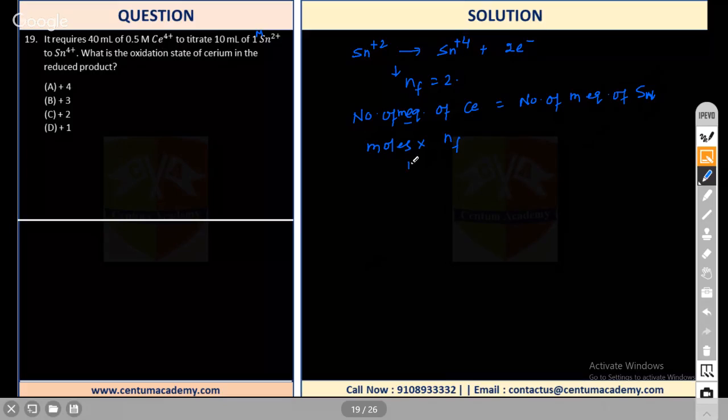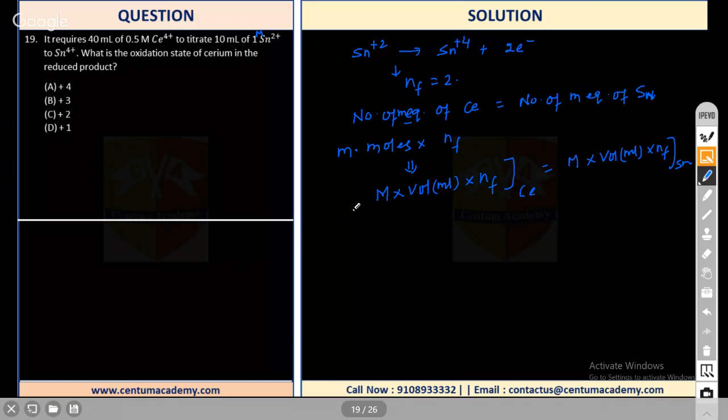And the number of millimoles is molarity into volume, where the volume should be in milliliters, into N factor. This is for cerium, equal to the molarity into volume in ml into N factor of Sn.